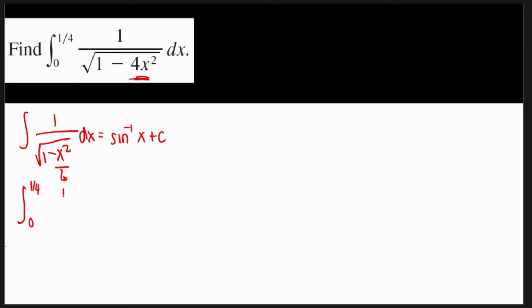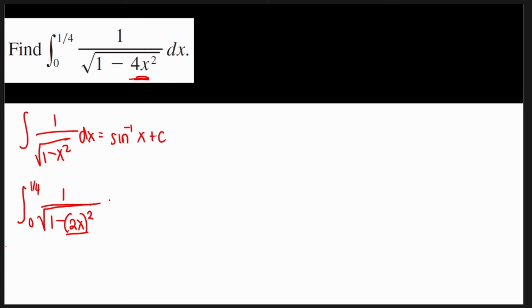If we manipulate the equation, that is equivalent to the square root of 1 minus 2x raised to the power of 2, a quantity squared. So this is just equivalent to 4x squared.